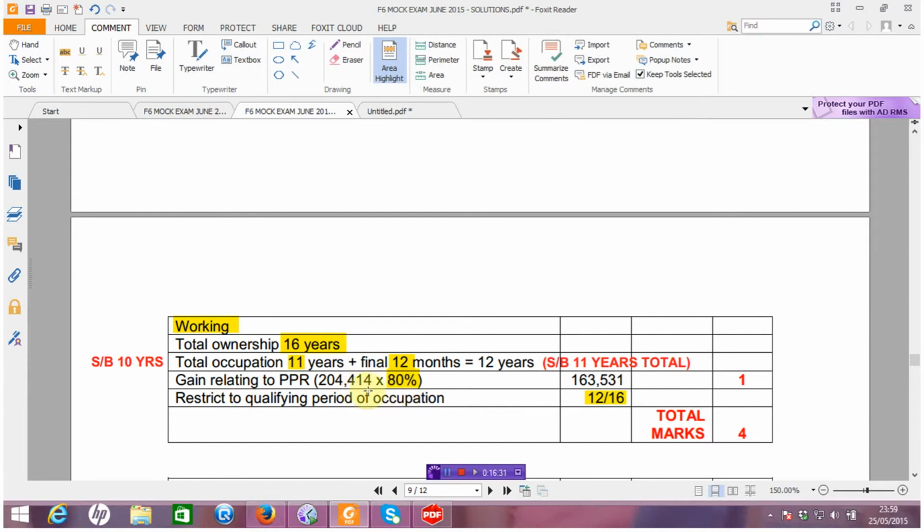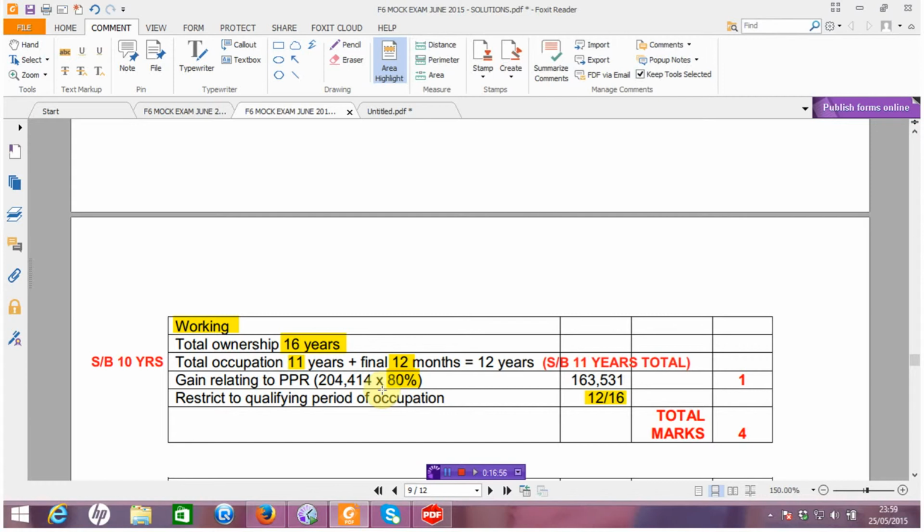I'm not sure I agree with that, because the property was used for trade or dental purposes up to the point at which he moved into the new property. So what you would actually have to do, I feel, is take the 10 years, which is the correct number of years that he occupied it, and take 20% out of that pro rata across the whole period.